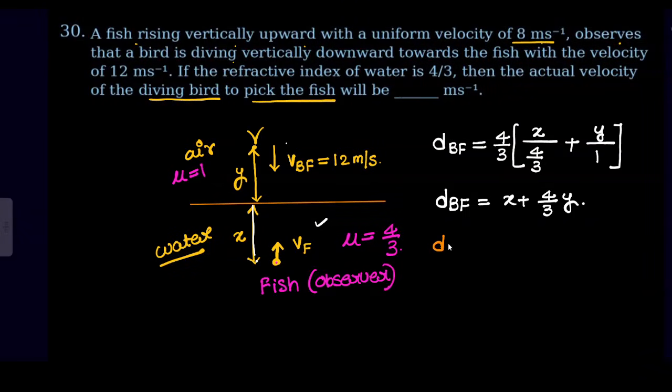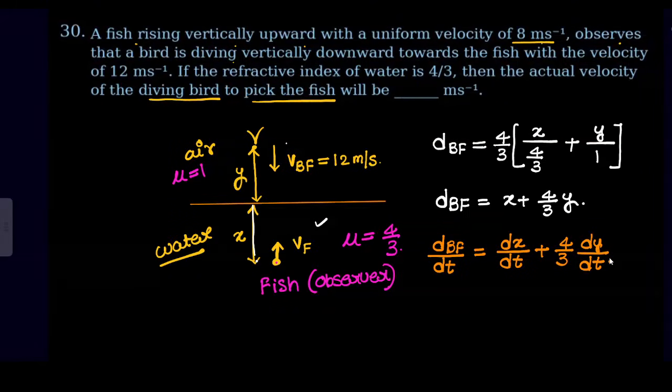Differentiating the apparent depth of the bird with respect to fish, it will come as dx by dt plus 4/3 into dy by dt.